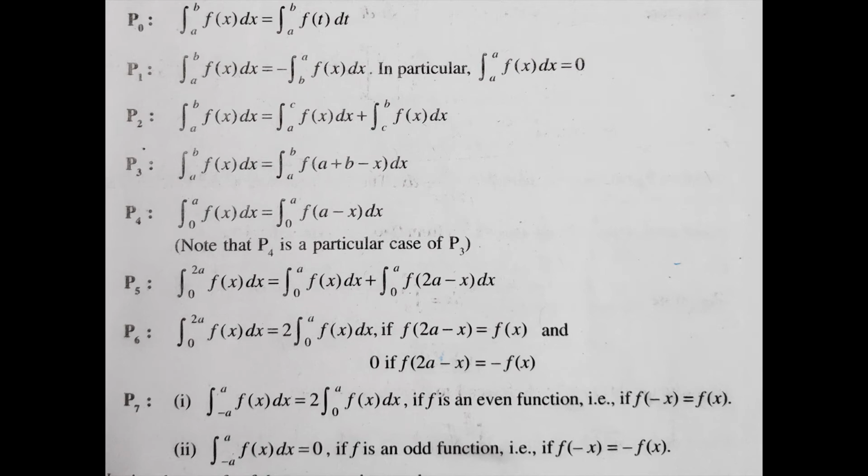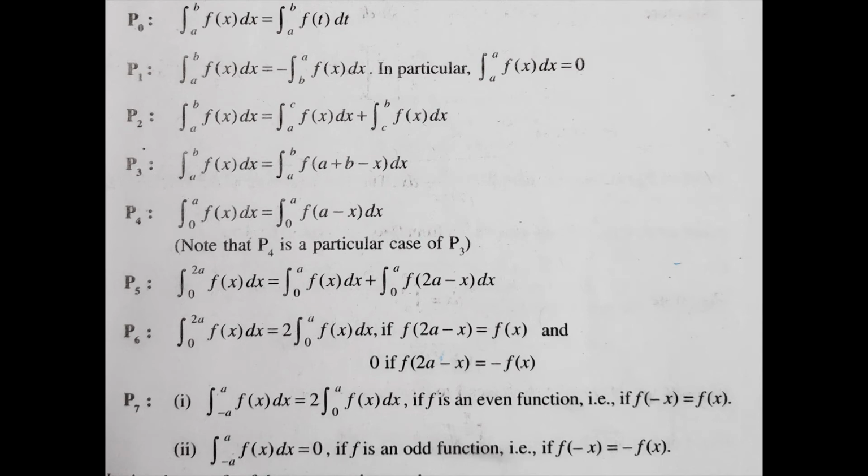So the first property is integral a to b f of x dx is equal to integral a to b f of t dt. What does that mean? Even if the variable changes in the integral, the limit value will remain the same. Okay, the variable changes in the function, but the limit value can remain the same.